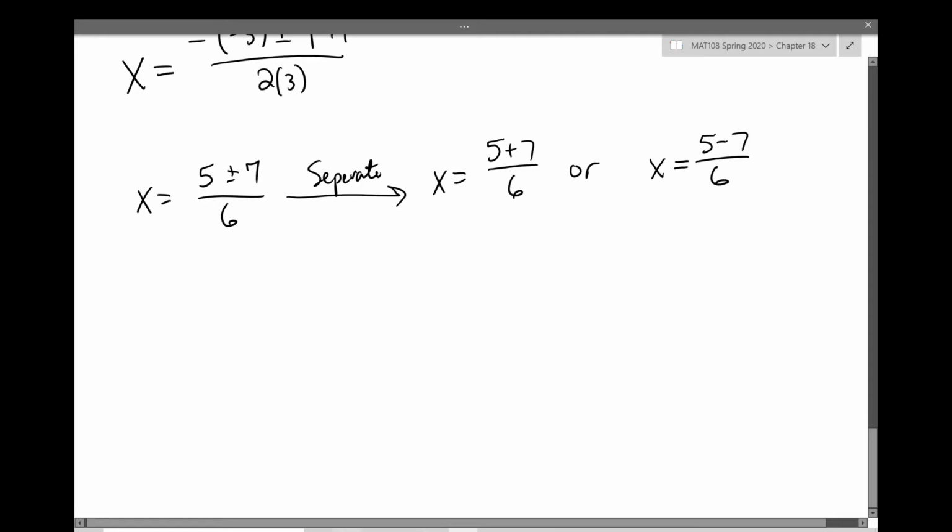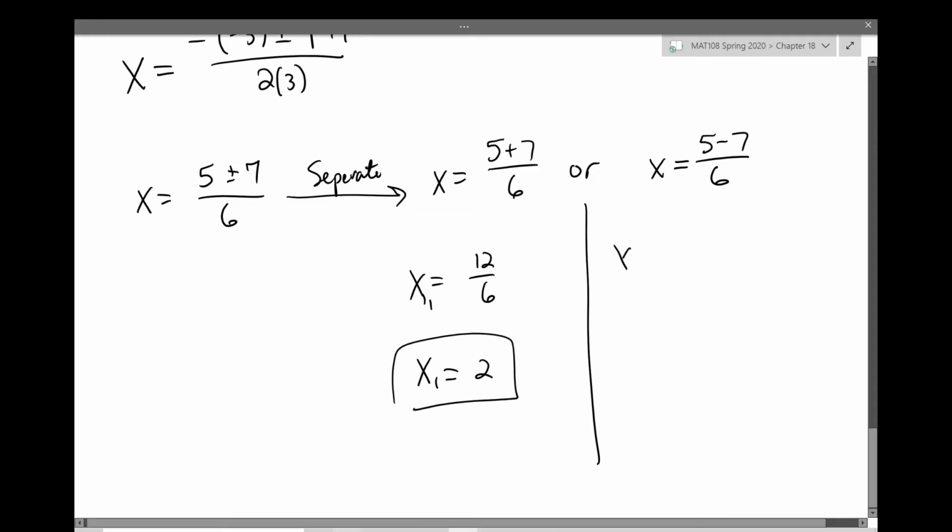For my first solution, 5 plus 7 is 12 divided by 6, so my first solution is 2. And for the second, 5 minus 7 is going to be negative 2 over 6. When you reduce that, you get x equals negative 1/3.